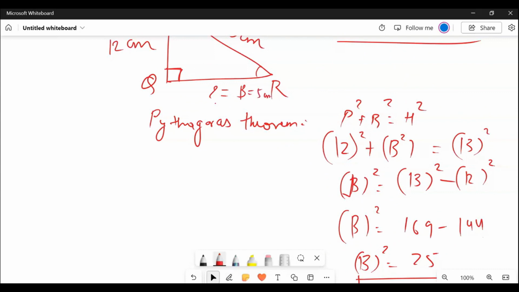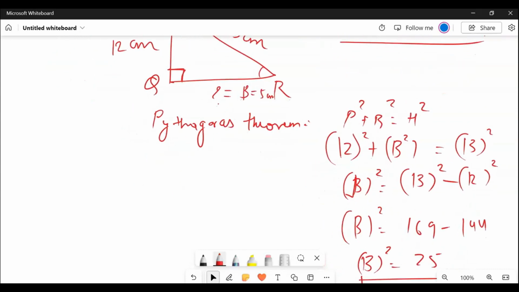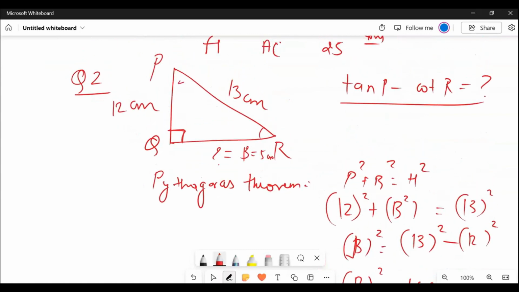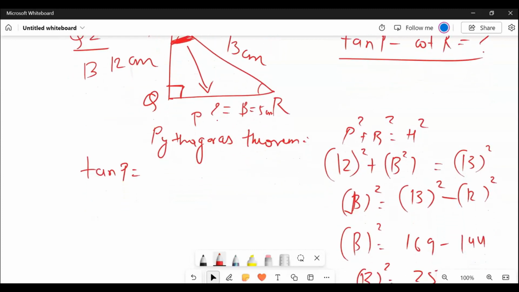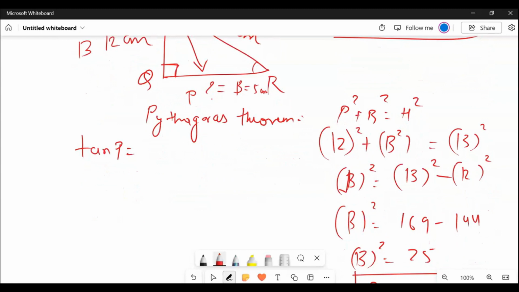Okay, now in this question we have to find out tan P. So angle P is here, you can figure it out. Opposite to that will be perpendicular and this will be your base. So we can find out tan P. What will be the tan P? Tan P is perpendicular upon base. This is the formula.